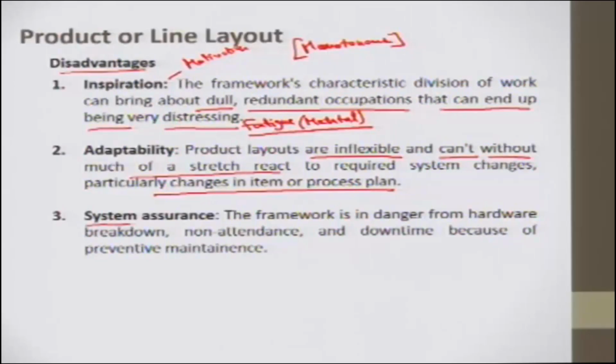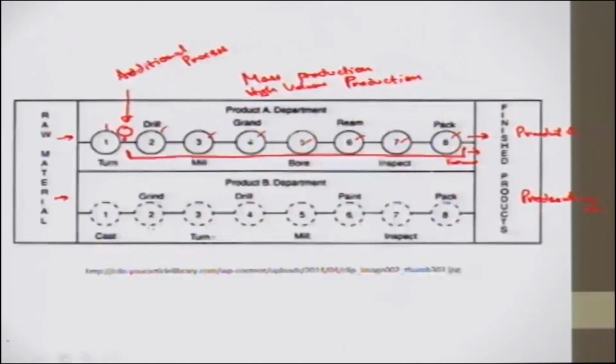Then system reliability: the product or line layout is in danger from equipment breakdown or absenteeism, absenteeism meaning absence of the workers, and downtime because of preventive maintenance. This is a kind of series connection.